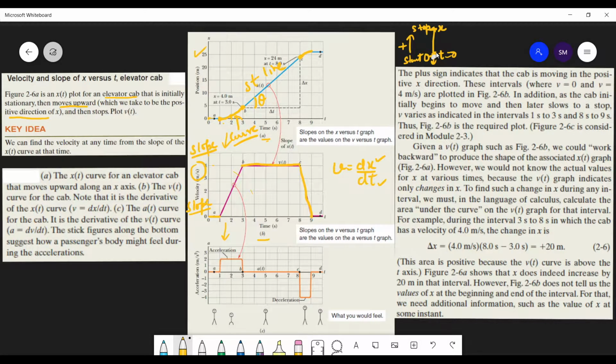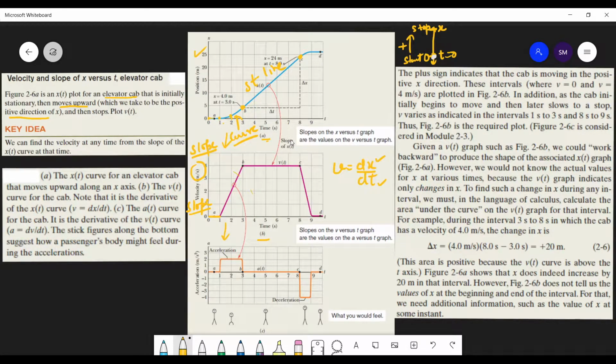And then after reaching near the top the lift stops. Is this okay? Yes, sir. And the position is not changed after 9 seconds. So the slope is 0, velocity is 0, there is no change in position. So I hope you have understood how we plot the velocity time graph from the xt graph.